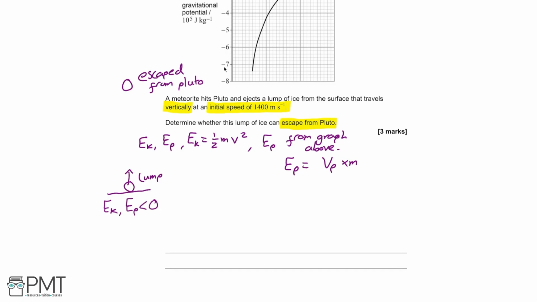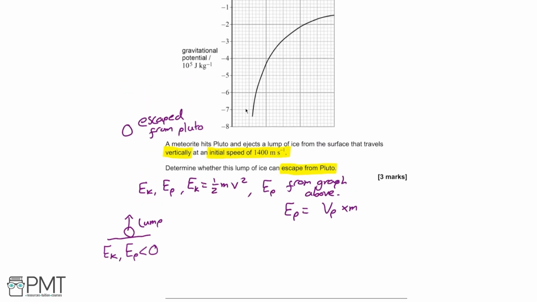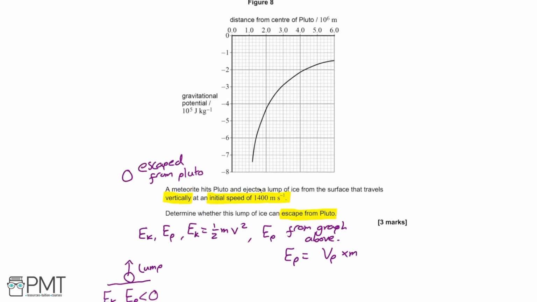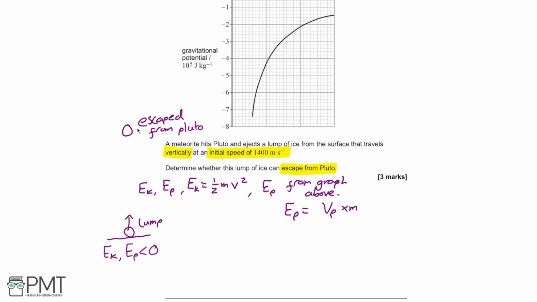Then as I move further away from Pluto on this graph, I get closer and closer to not having any gravitational potential energy. And when I've finally escaped from Pluto, I have no gravitational potential energy. I'm at 0. So some of my kinetic energy is converted to gravitational potential energy, such that when I've escaped from Pluto, I've gone from a negative value of gravitational potential energy and increased it to become 0. This signifies having escaped.